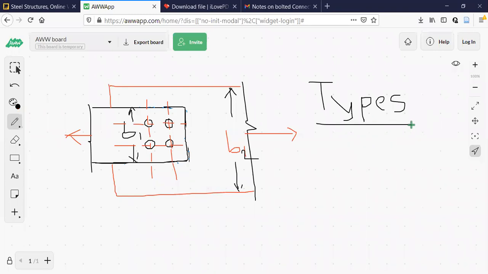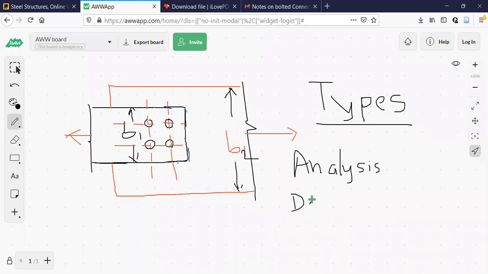Whether it is a bolted or welded connection, one is an analysis type of problem that will be there in the exam. What is an analysis type of problem you should understand, and what is a design type of problem you should understand. Analysis is one type. Second is design.